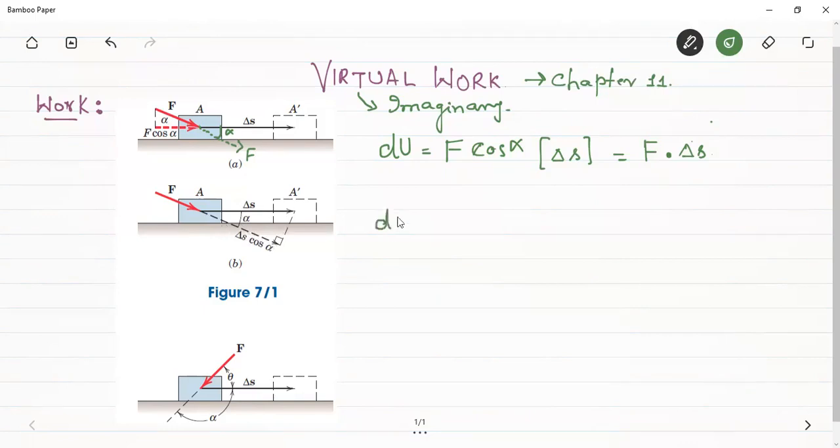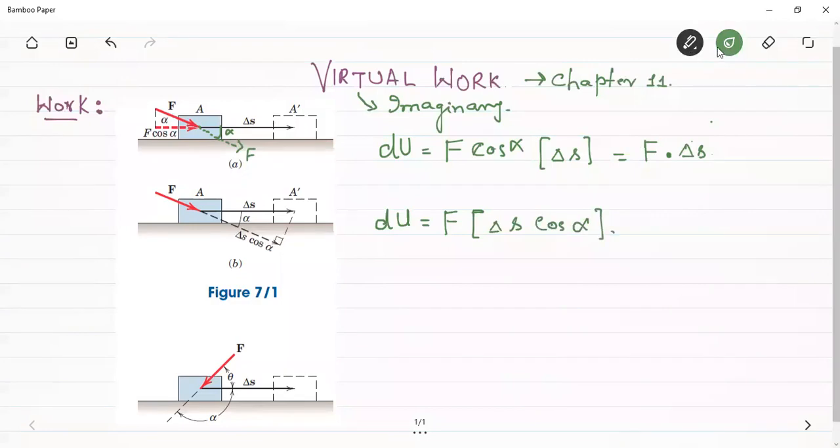Therefore, again, the work done will be equal to the force times the displacement produced along its line of action, delta S cos alpha. This is the work done.